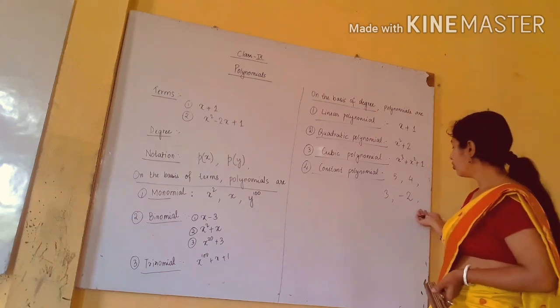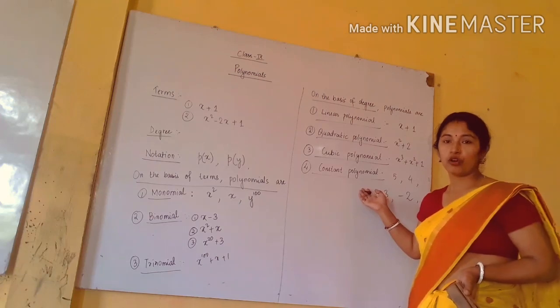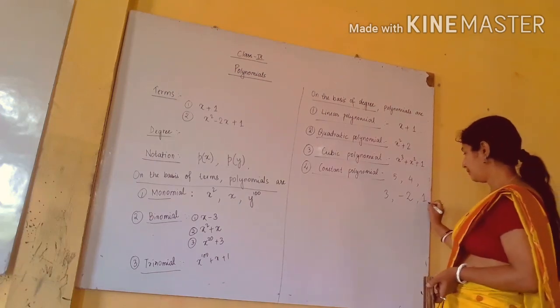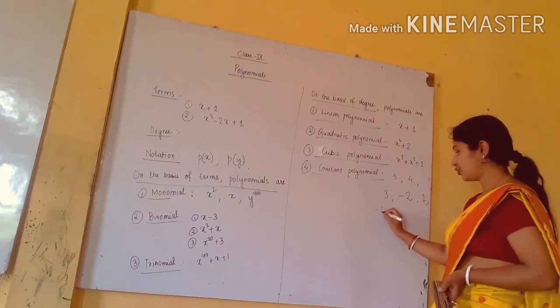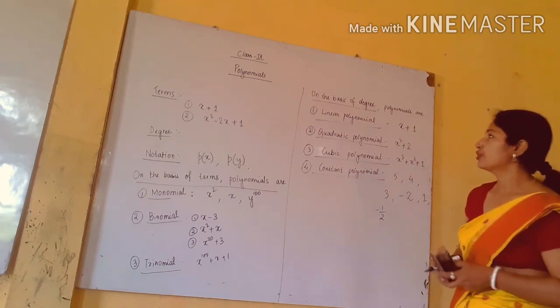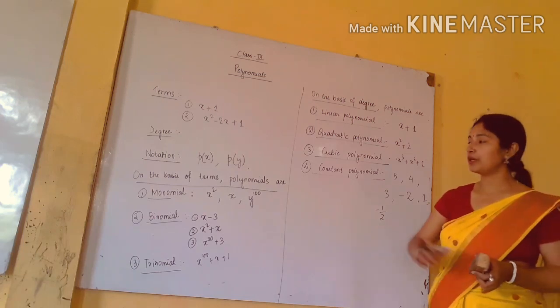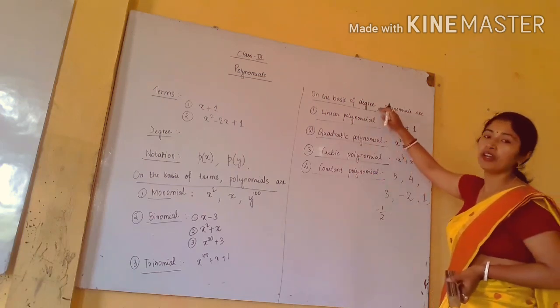These numbers are non-zero numbers. The non-zero numbers are called what? Constant polynomials. 1, minus 1 by 2. All these are constant polynomials. So this is about the division of polynomials on the basis of terms and on the basis of degree.